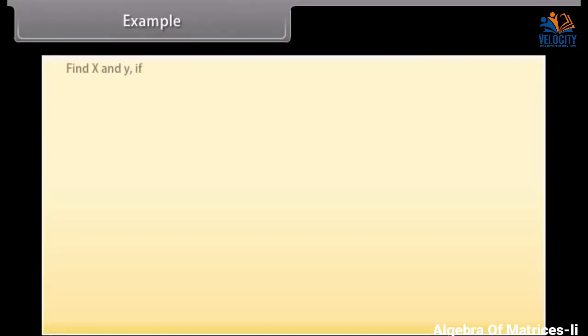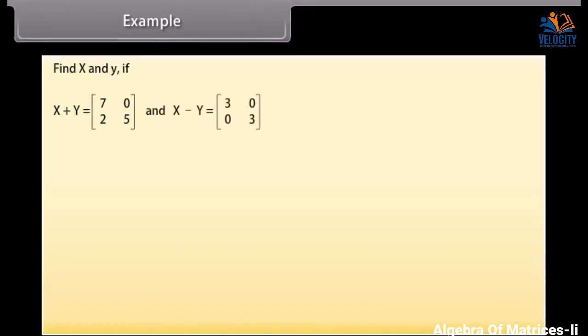Example. Find X and Y if X plus Y is equal to the matrix, row-wise: first row 7, 0; second row 2, 5, and X minus Y is equal to the matrix, row-wise: first row 3, 0; second row 0, 3. Solution.